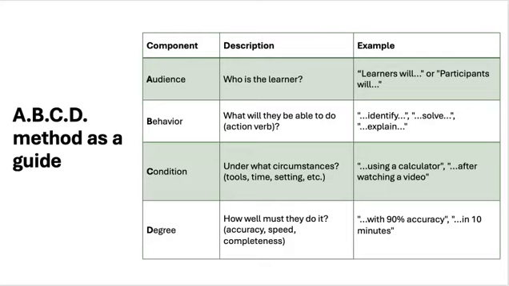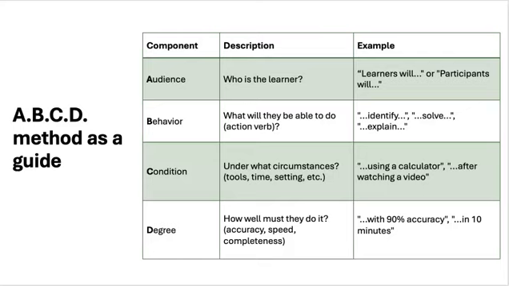The C is the condition. Sometimes you might not have condition in your learning objective. So don't be afraid if you have a learning objective that doesn't exactly have a condition, but usually the condition is what the student is going to be doing.